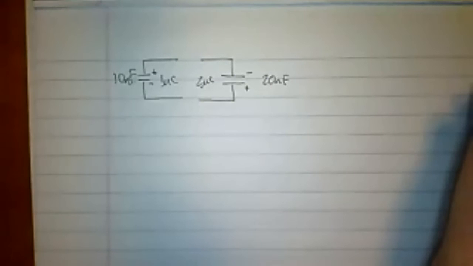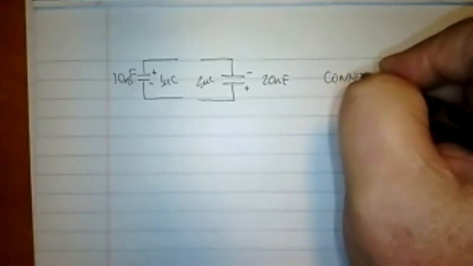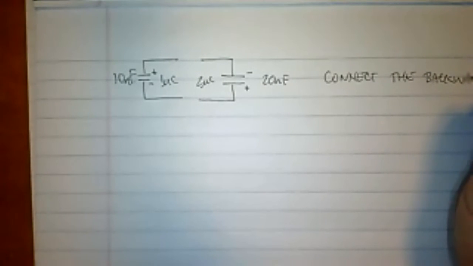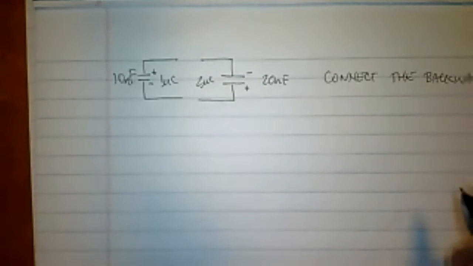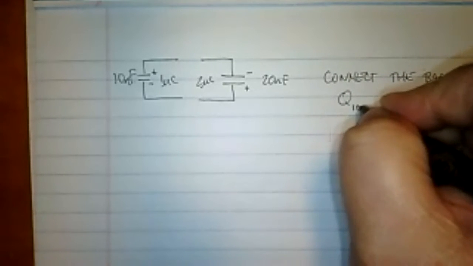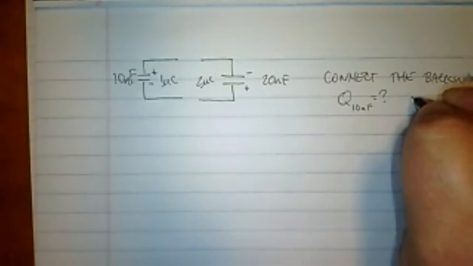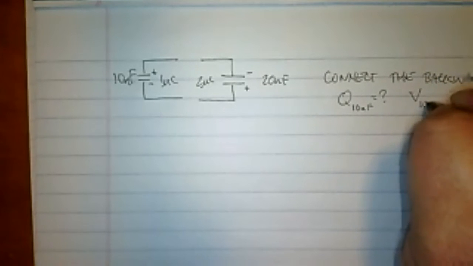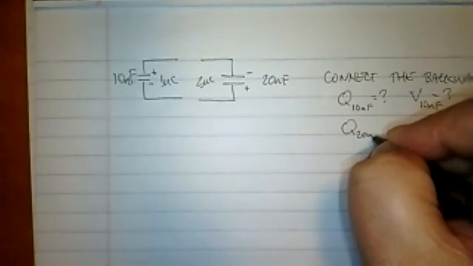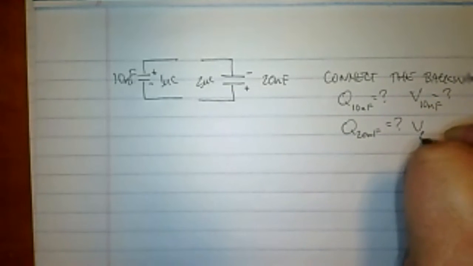And then I'm going to connect them. In other words, I'm putting the positive to the negative and the negative to the positive. What I want to figure out now is what is Q for the 10 nanofarad and what is V for the 10 nanofarad, and what is Q for the 20 nanofarad and what is V for the 20 nanofarad.